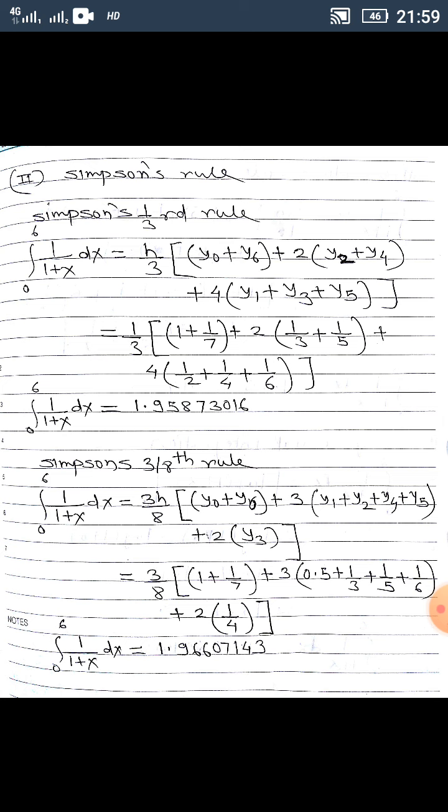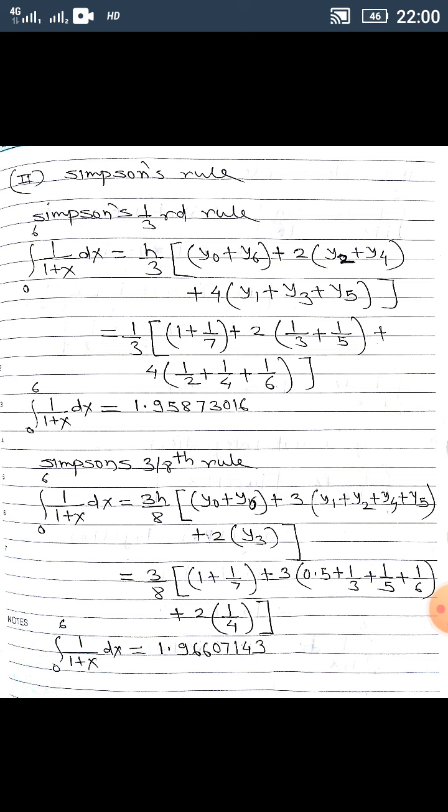We substitute all values there. h is 1, 1 by 3, y0 is 1, y6 is 1 by 7 plus 2 times y2 is 1 by 3, y4 is 1 by 5 plus 4 times y1 is 1 by 2, y3 is 1 by 4, y5 is 1 by 6. If we simplify this addition and multiplication by 1 by 3, the value is 1.95873016. So integration of 0 to 6, 1 upon 1 plus x dx is 1.95873016 by Simpson's 1/3 rule.